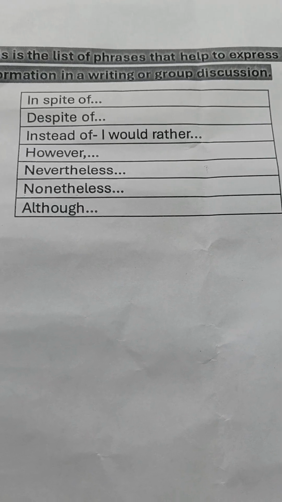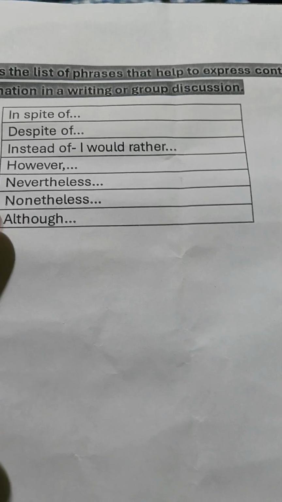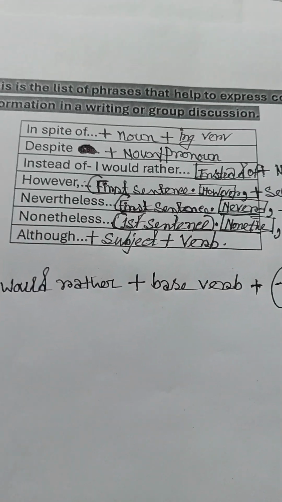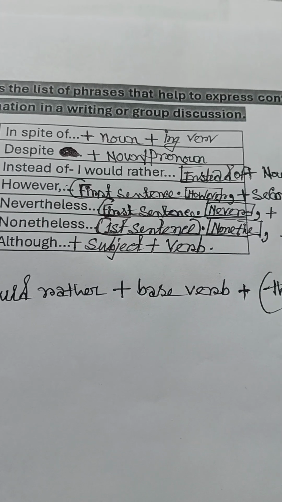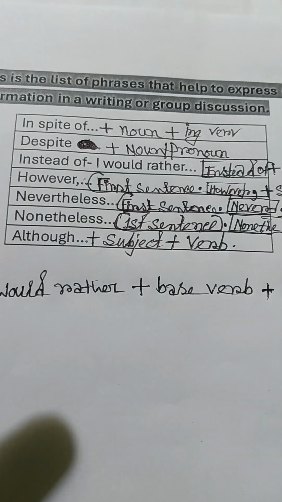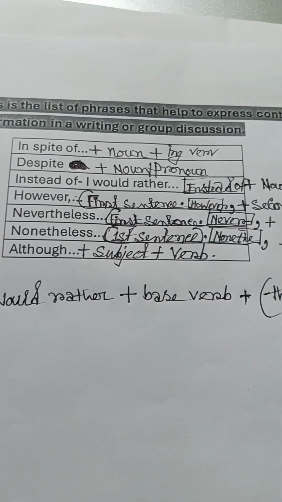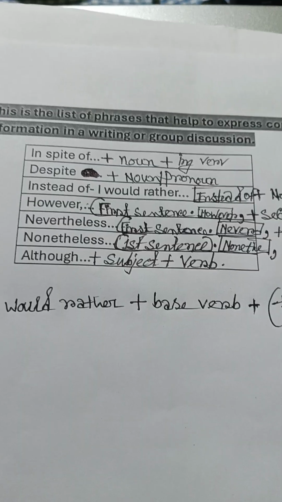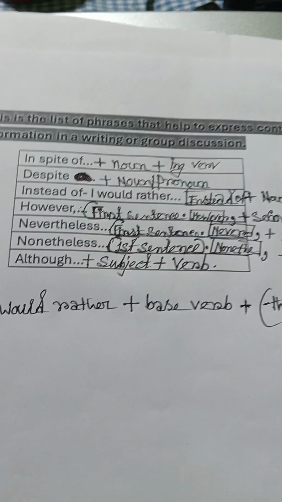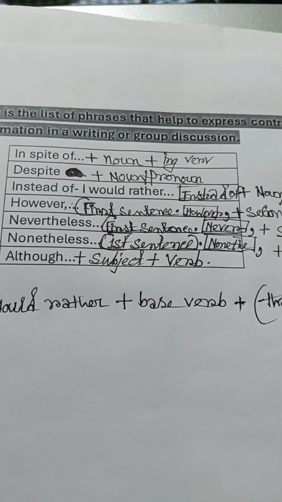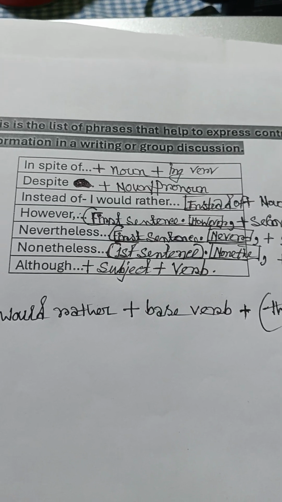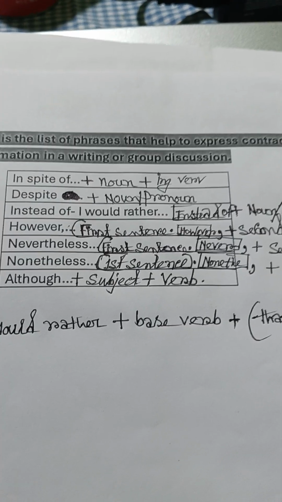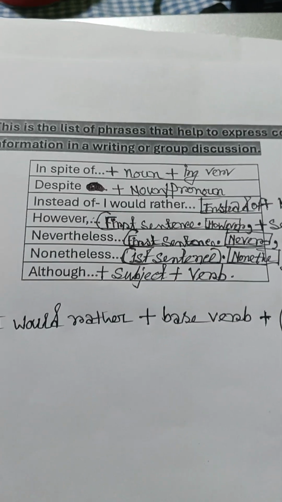So let me start with its structure. As you can see, if I am using in spite of, then the structure is: in spite of, noun plus verb-ing. Then despite, not despite of, I'm sorry, despite plus noun or pronoun.